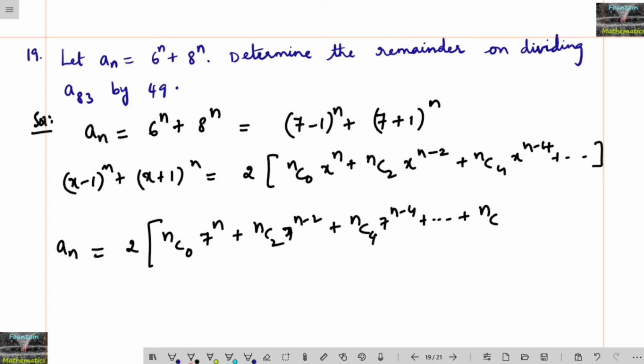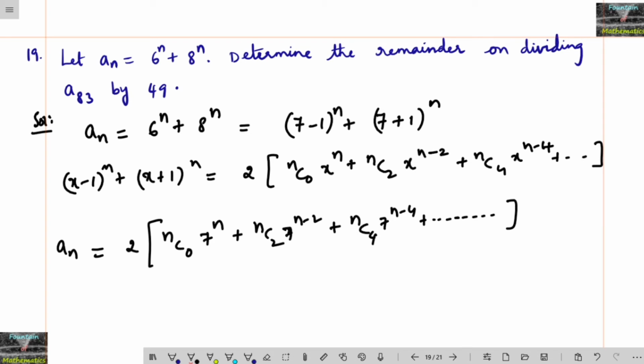We stop depending upon whether n is an odd number or even number.